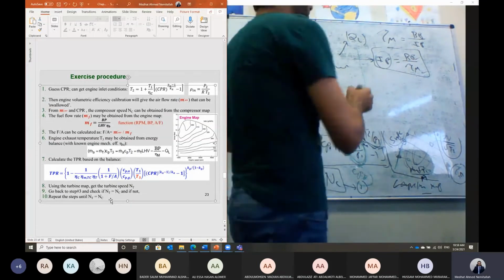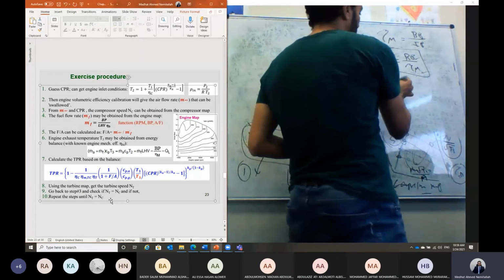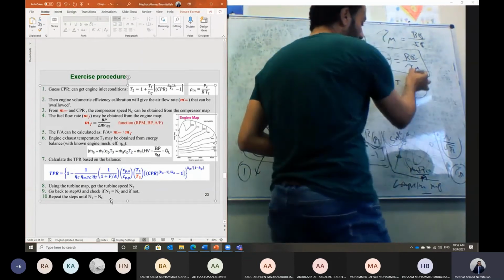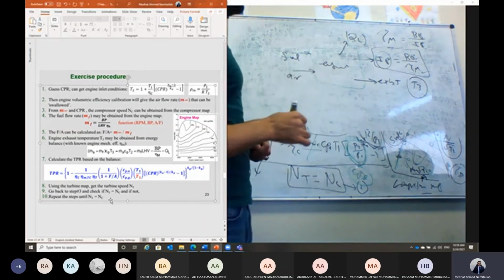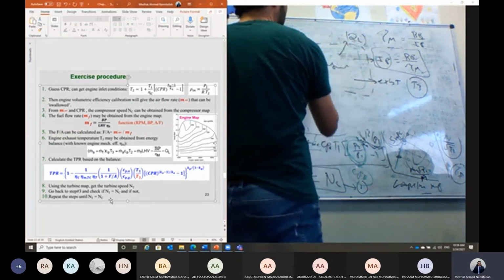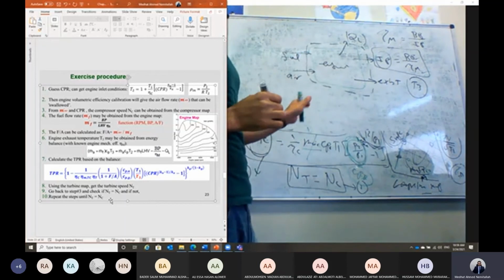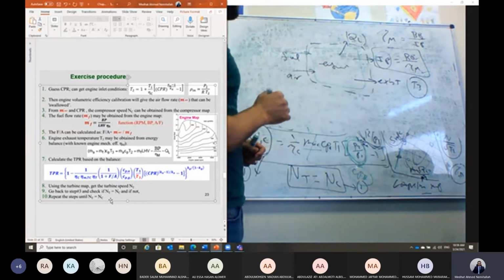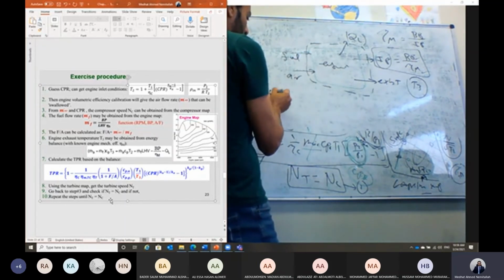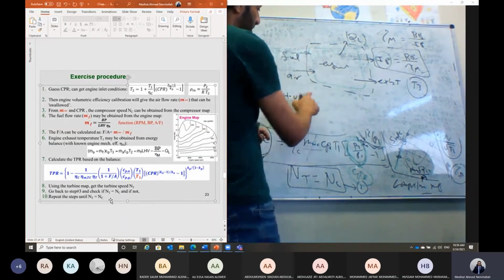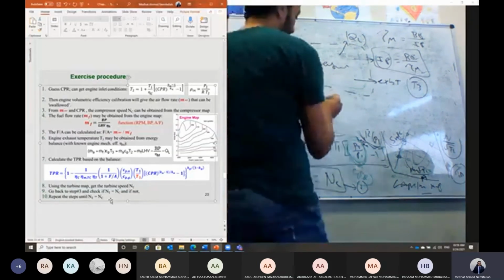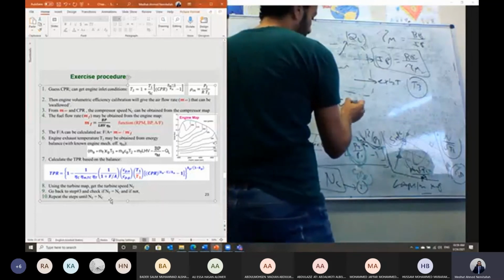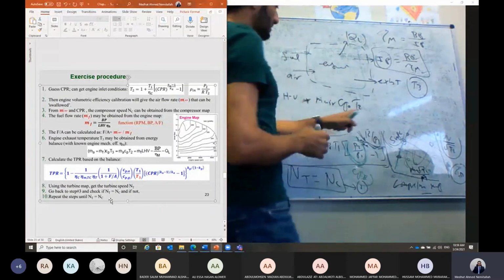And in addition to this, Shabab, out of the engine, we should have what? We should have the exhaust leaving at temperature T3. But let's apply energy balance here. Let's take a control volume, apply the first law of thermodynamics, energy in is equal to energy out at steady state. So we can say m dot fuel multiplied by the heating value. This is the fuel energy, plus m dot air coming into the engine, Cv air, multiplied by T2.